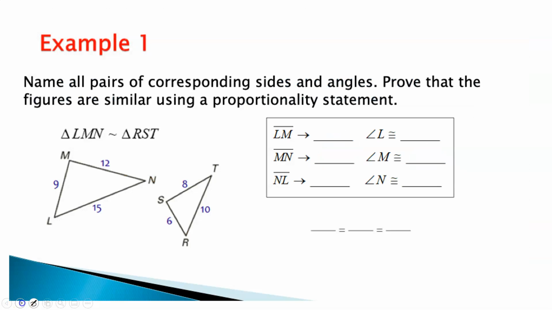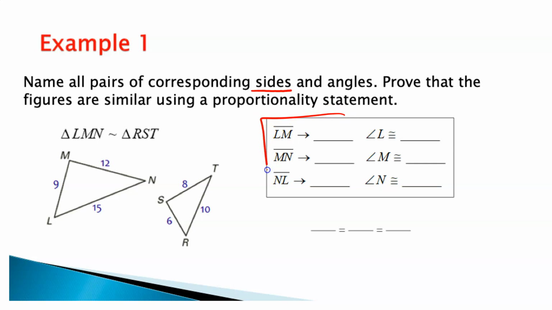All right, let's take a look at our first example. Example number 1 says name all pairs of corresponding sides and angles. Let's start right there, and then we'll answer the second part that says prove that the figures are similar using a proportionality statement. I'll explain that in a second. But let's go through and name all the pairs of corresponding sides. Okay, let's work with sides.